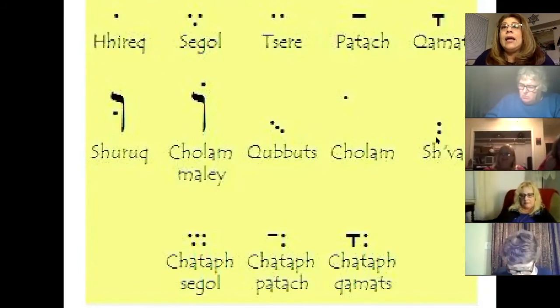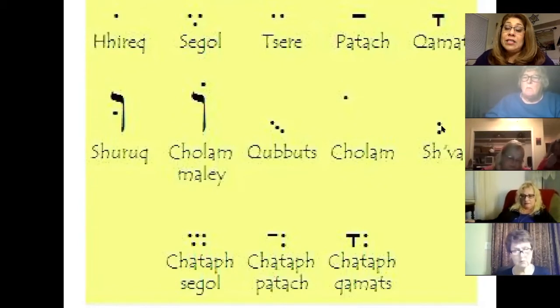So when I say sus, which means horse, S-U-S, I'm going to say it very fast. So the shva would be with the samech, okay? It's very short. Sometimes you don't even understand it's there. You don't even see it when you're speaking Hebrew.